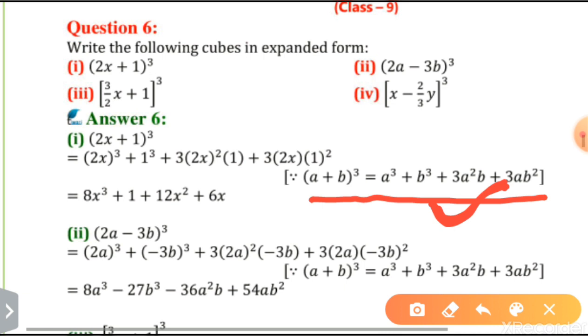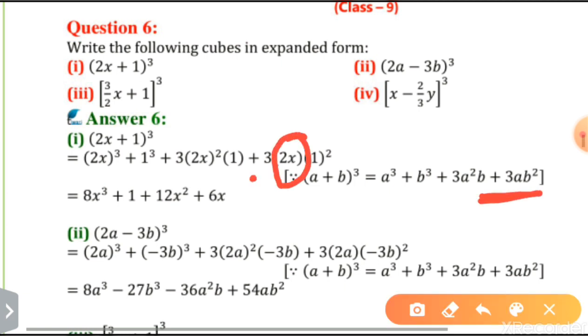Now see that it is a cube, means in the place of a whatever is there, a cube (2x) cube plus b cube 1 cube plus 3a square b. A is 2x square into b is 1, and the last part is 3ab square. So then 3, in place of a there is 2x, and in the place of b is 1 square.